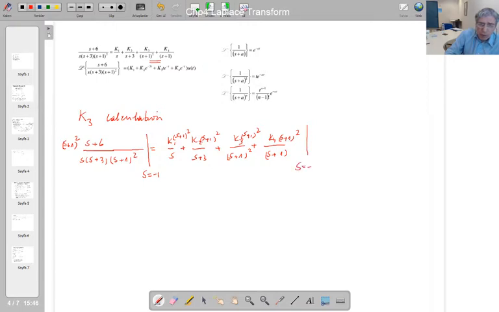How did I get that? s plus 1 equals 0, so s equals minus 1. So this term disappears.